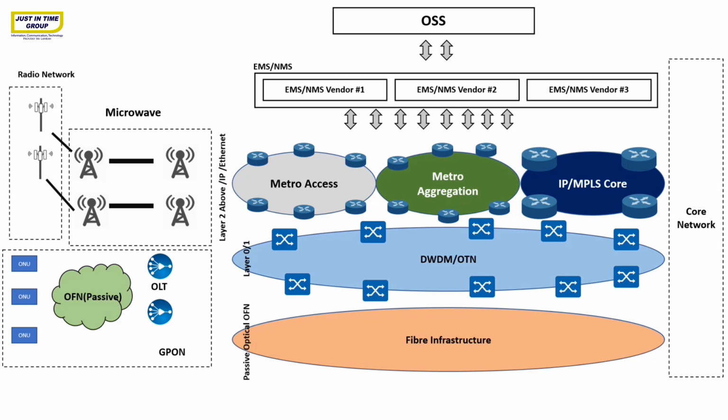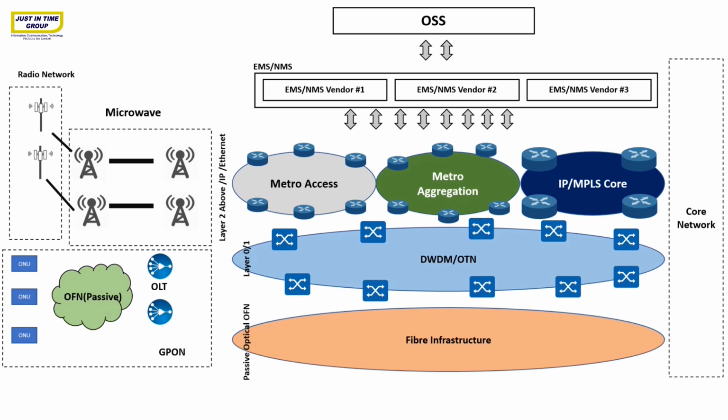For example, if you are a legacy operator that has been there for a very long time, it's possible that you have a DWDM and OTN layer, because there are certain things you may need to do to carry multiple services, including TDM services, on a DWDM and OTN network. Sometimes some operators may not have a DWDM and OTN network. And below that, it could be fiber infrastructure.